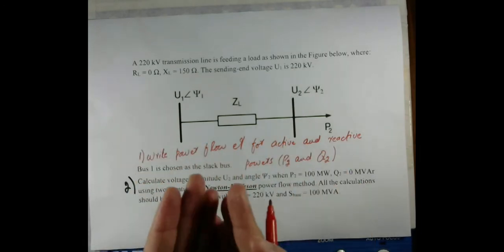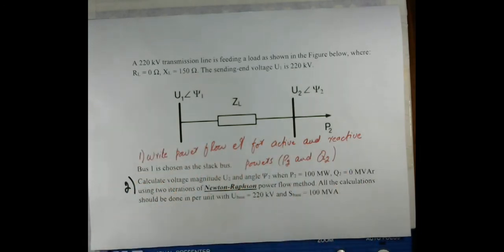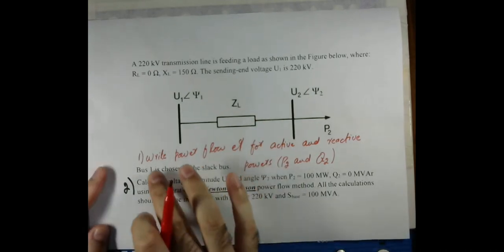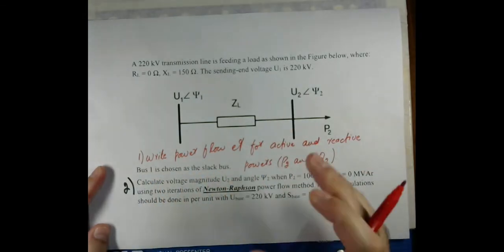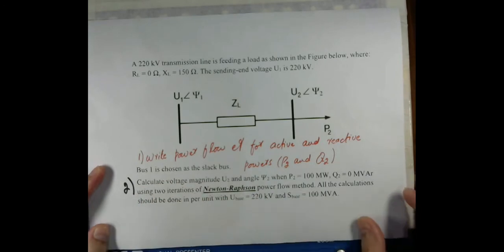So now we will solve this problem, and at the end also compare the results from the Newton-Raphson method and from the Gauss-Seidel method. So let's now start solving the problem, and in the beginning I will convert the values into the per unit, and then we will proceed with the two tasks.